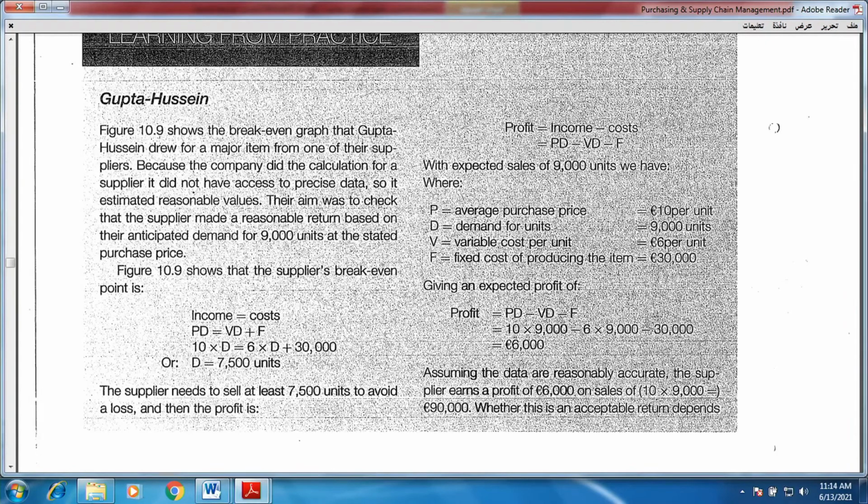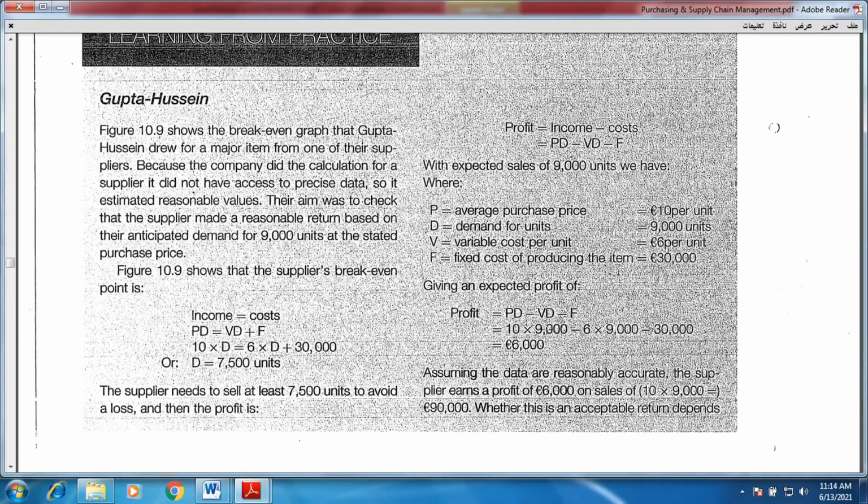You can make some simple calculations to know exactly the profit. It means the demand multiplied by the price, minus the variable cost, minus the fixed cost. This is the fixed cost deducted from the sales.